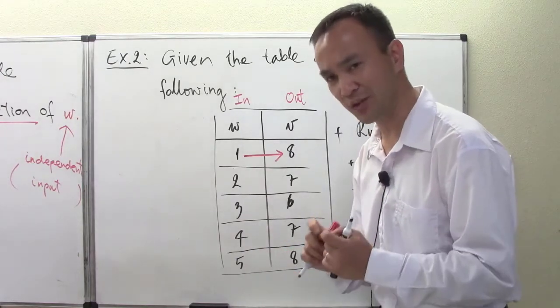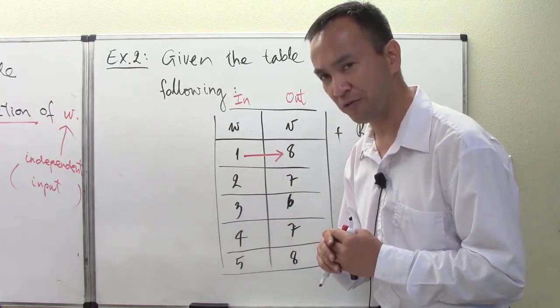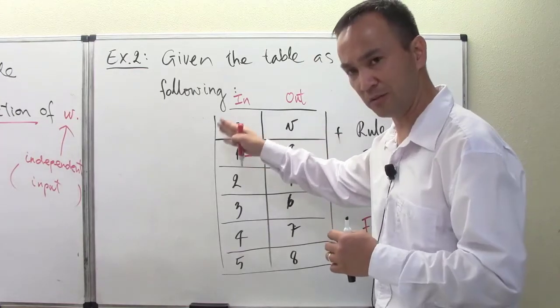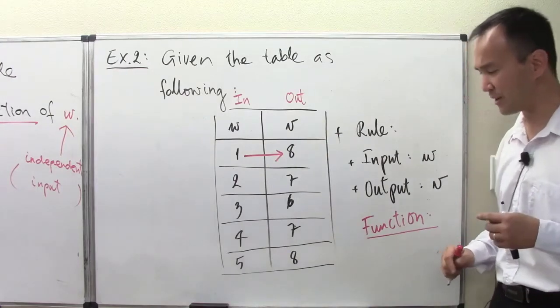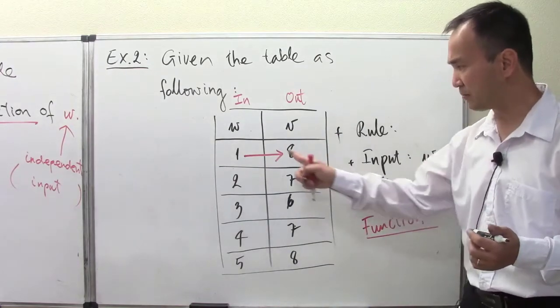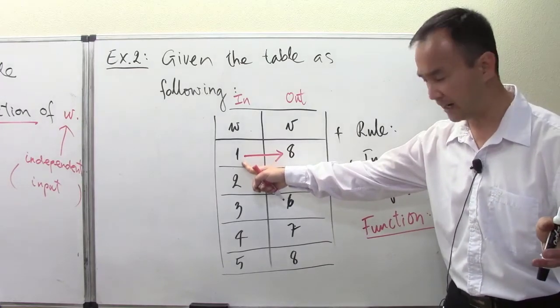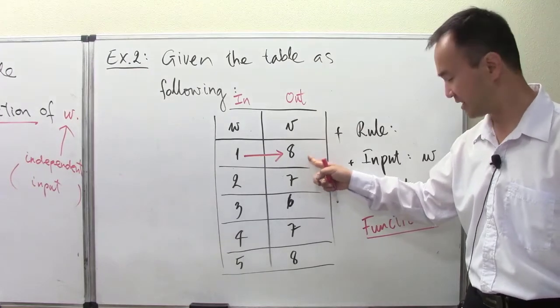Or do you see anywhere else there's a 1 that gets mapped into a different value? Nope. And I use that term mapped, which is an old-fashioned term. We take a value, bring it into an output, and that's called mapping. We map an input into an output. There are so many ways of saying it, but in the end, for this particular input 1, it's only taken to one and only one output.